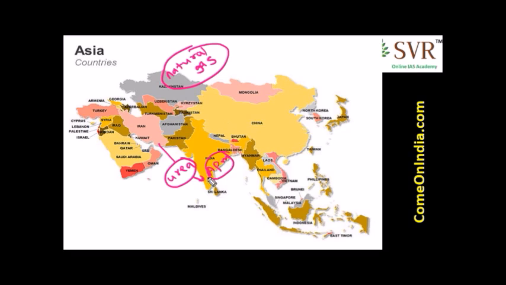To produce urea, we need gas at a relatively cheaper price so that our current account deficit will come down. So natural gas is an important ingredient for urea production.